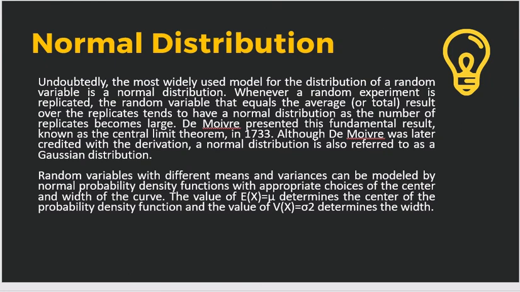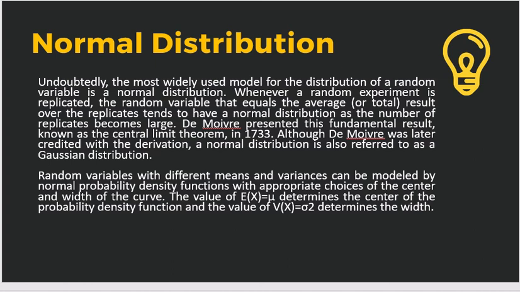So we have the normal distribution. Undoubtedly, the most widely used model of distribution of a random variable is the normal distribution. Whenever a random experiment is replicated, the random variable that equals the average or the total result over the replicates tends to have a normal distribution.